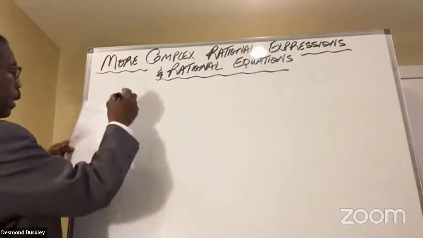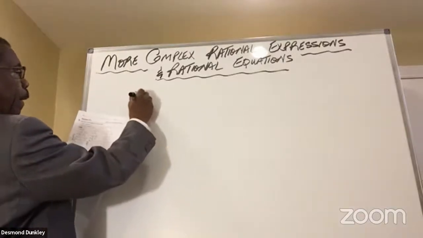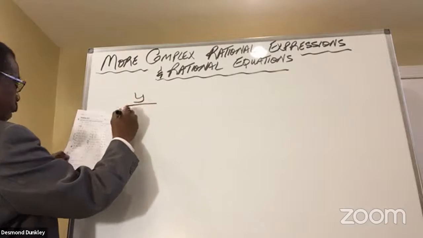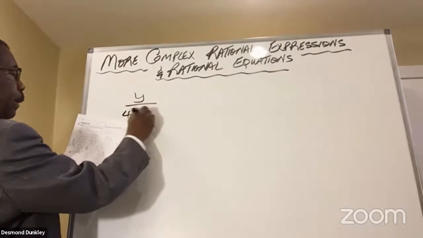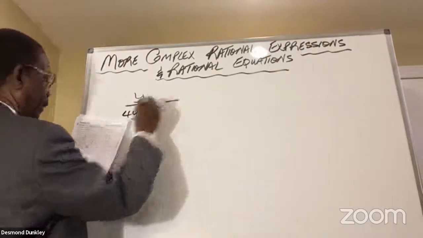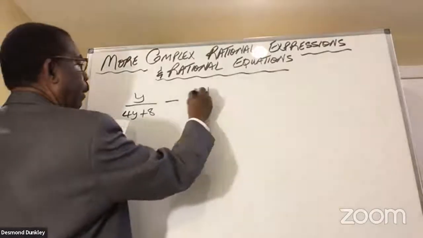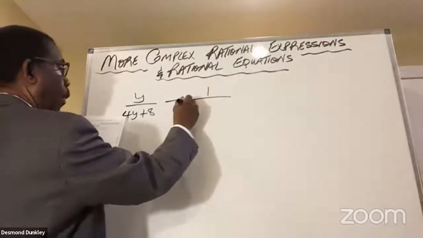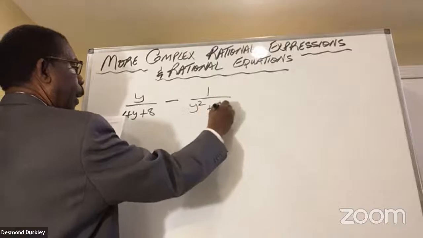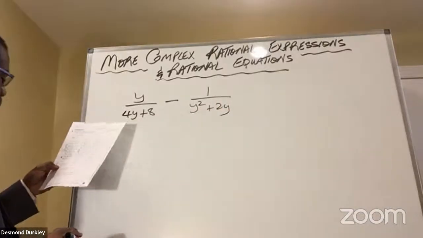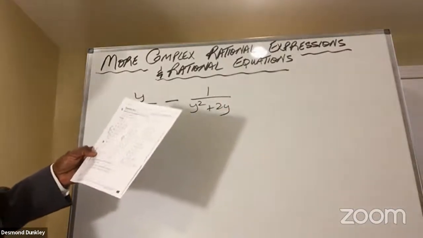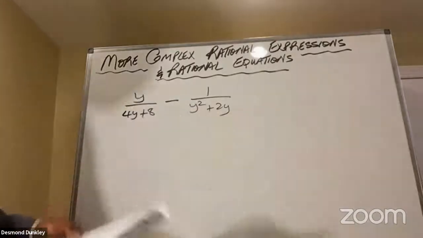Oh, here's one. Y over 4y plus 8 minus 1 over y squared plus 2y. Y over 4y plus 8 minus 1 over y squared plus 2y.